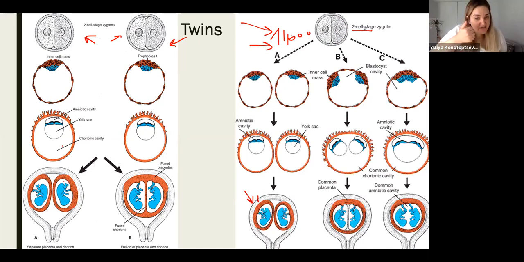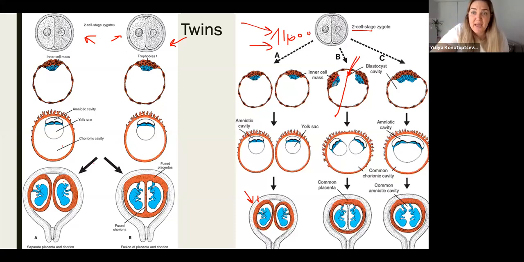Now, the second stage when they can split is early blastocyst stage. Instead of one inner cell mass, for some reason, they make 2. You have a blastocyst with 2 inner cell masses in it. For sure, you have to split, because another name for inner cell mass is the embryoblast or embryo proper.